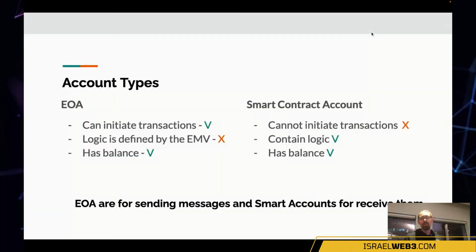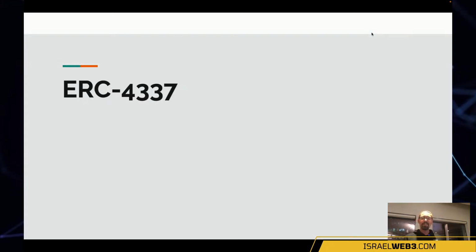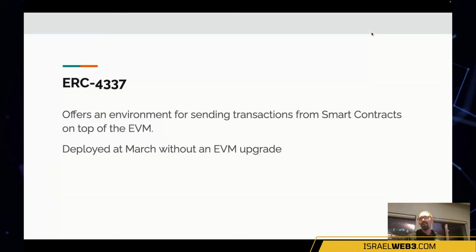So what do we want to do? To make account abstraction truly work, we need smart contracts to be able to initiate transactions. And as I said, in ERC 4337 they devised an alternative flow to do this.